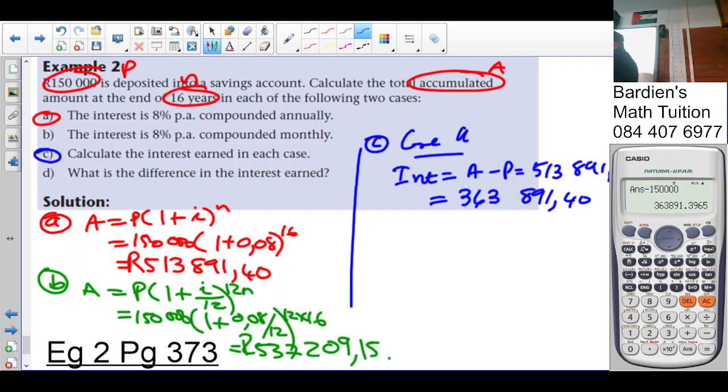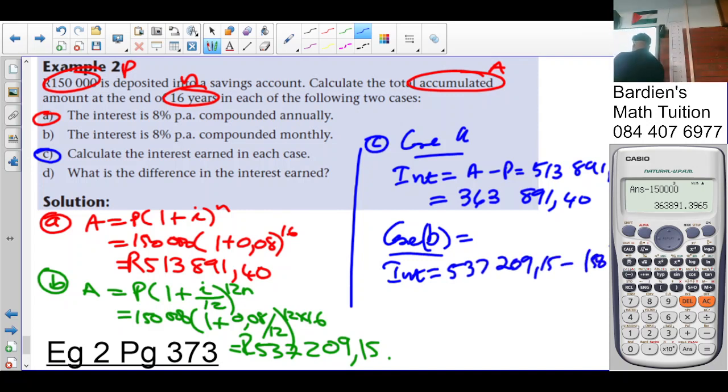Okay? And as in case B, your interest here, same story. But this time the return is 537,209 rand and 15 cents minus your 150,000.